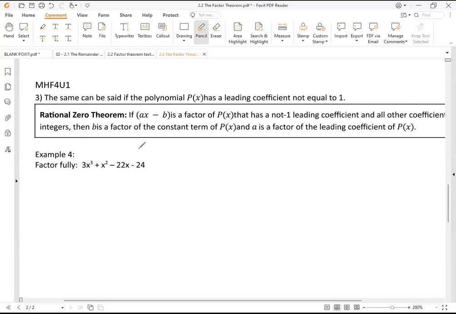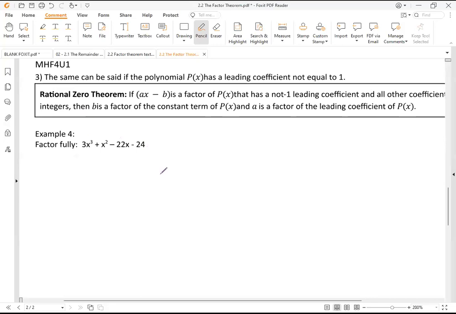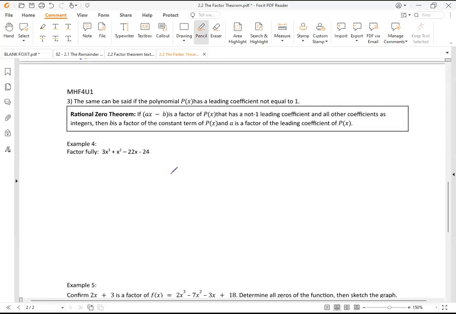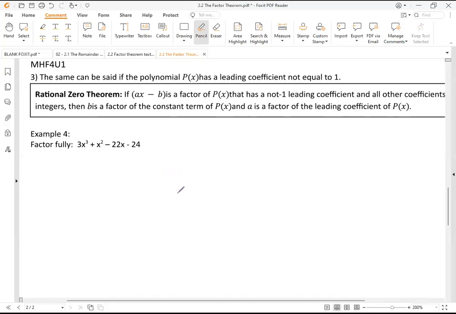Okay, so let's do this. You can read this, but for the sake of time, because I want you to have a break too, consider this. What are the factors of this? Right now, just -24.